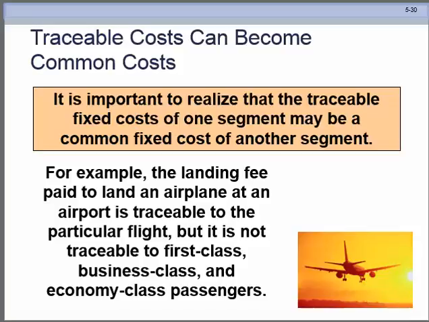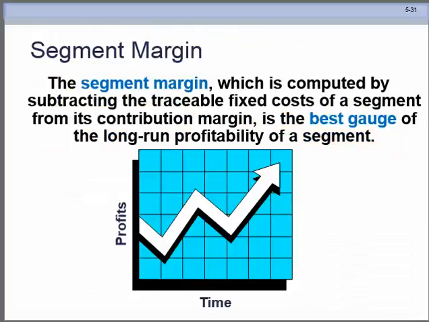To give an example of a plane landing, we can trace the landing fees to a specific flight, but we can't trace it to the passengers who choose to be in first class, business, or economy classes. Okay? So a segment margin, which is computed by subtracting the traceable fixed cost of the segment from its contribution margin, is really the best measure of the long-term profitability of a segment.